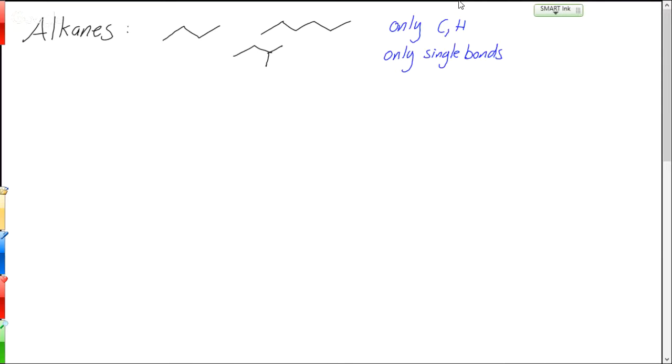In order for compounds to do those and to do the kinds of things that we're going to be seeing in future chapters, they need these things called functional groups.